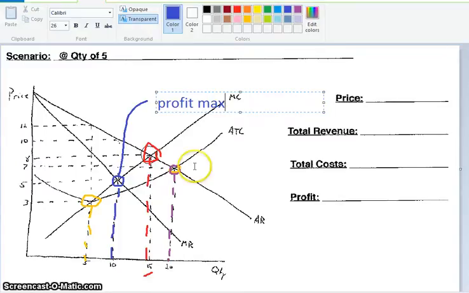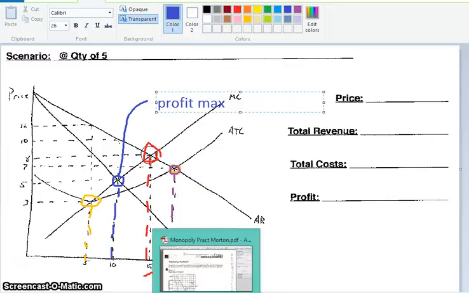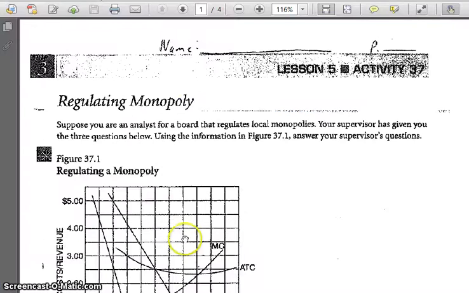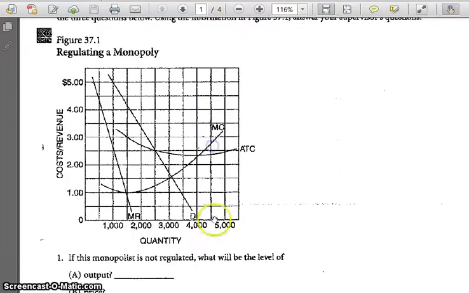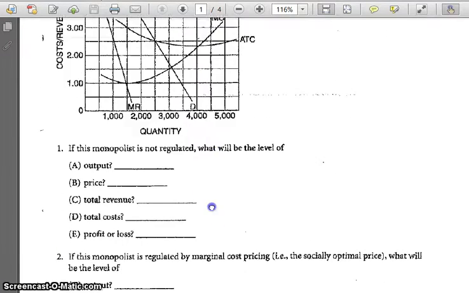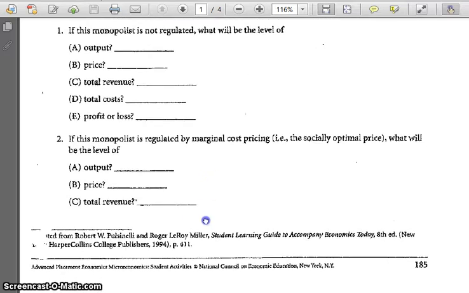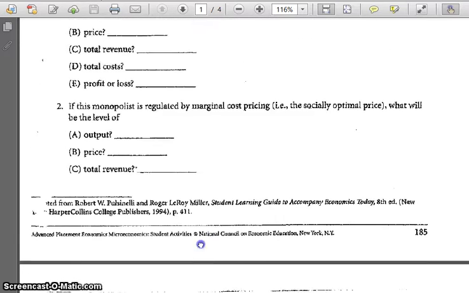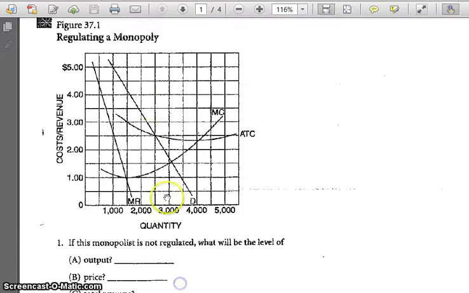Now what you're going to do here, and I'm not going over these, is you're going to go on to pages 3 and 4 in your packet. They look like this. This guy right here. And you're going to go through all of your different rules using this graph right here. So it's got your MR curve, your D, your AR here, ATC, MC, okay?